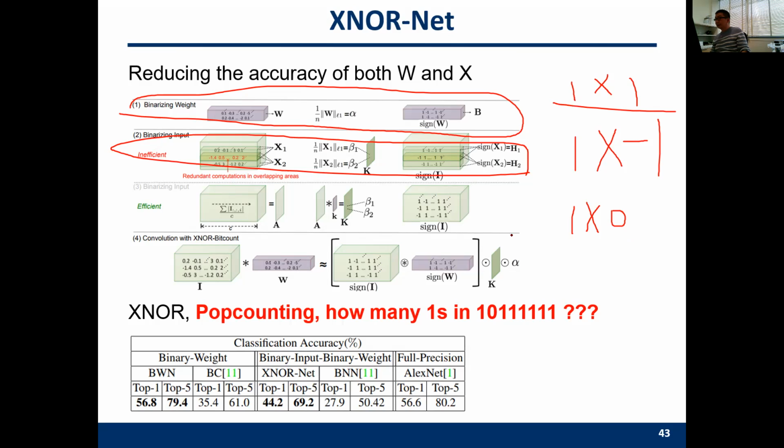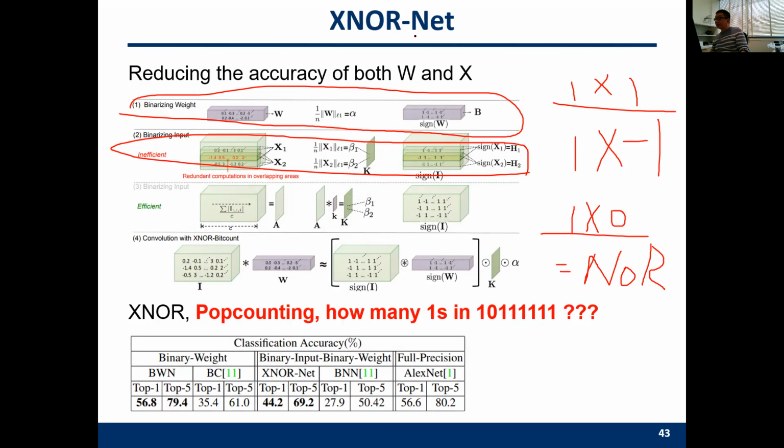Then we have these two types of operation. This type of operation is actually an XNOR operation. By one simple XNOR gate, you can do the original multiplication.